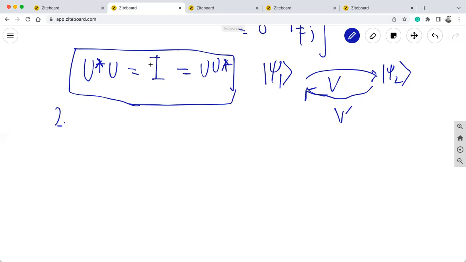That means it should satisfy this identity. We'll again define another term called isometry, which is a general class for this.